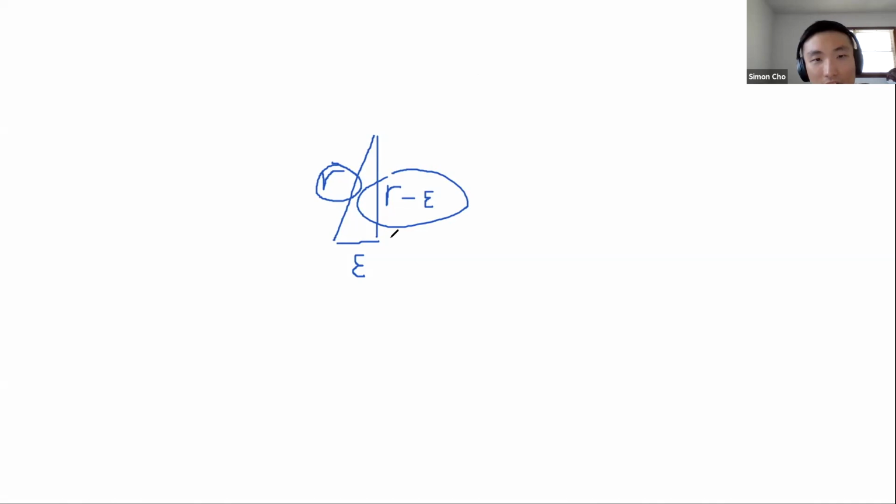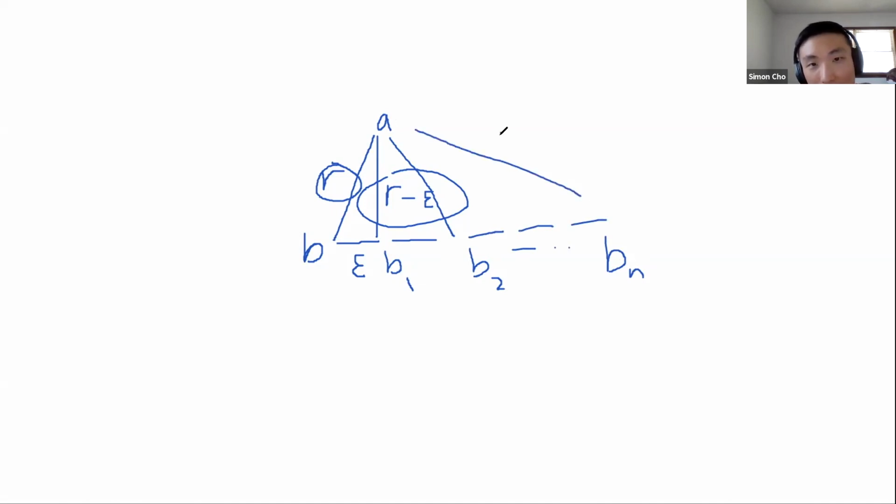Call this point A, and this B, and then B1 and B2, and then some large B that's very far away from your original B, but as long as you step epsilon at a time, and each of these lengths is R minus epsilon, right? Yeah, I see.